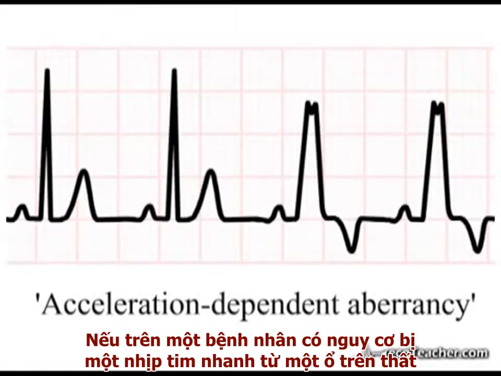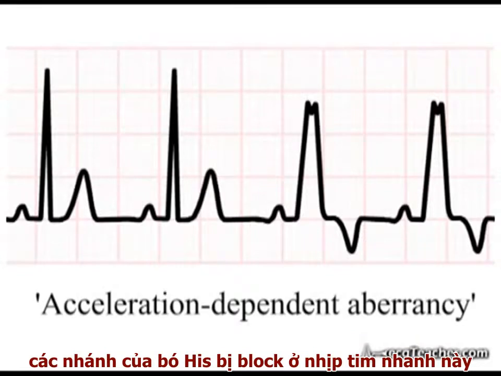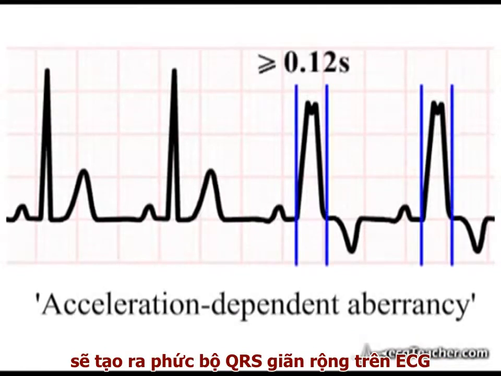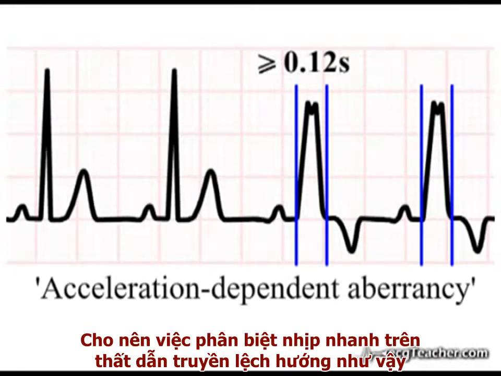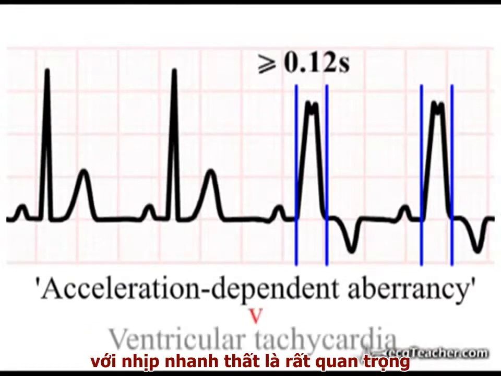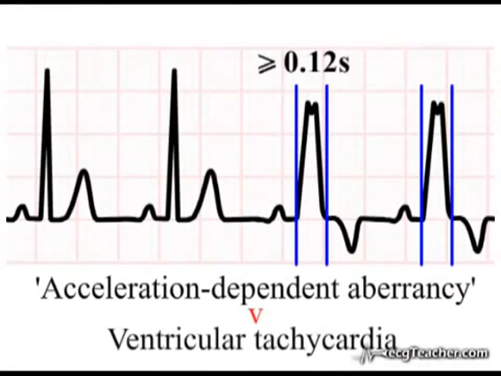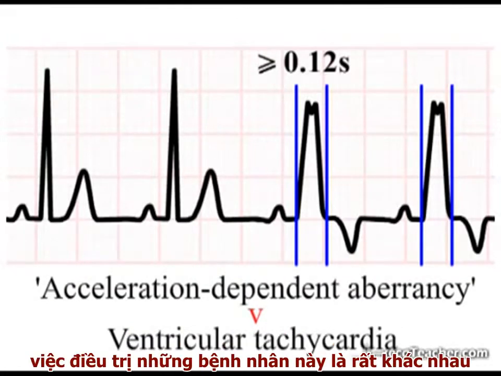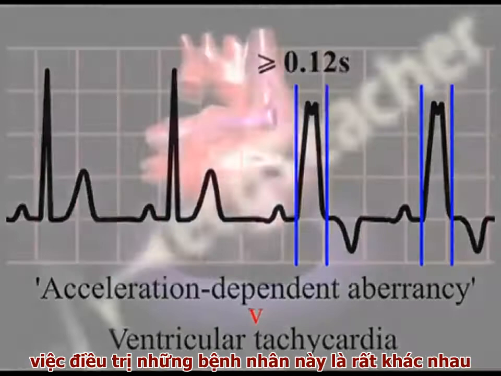If a patient prone to this phenomenon develops a tachycardia from a supraventricular focus, failure of a bundle branch at the higher heart rate will result in broad QRS complexes on the ECG. Differentiating such an aberrantly conducted SVT from a ventricular tachycardia is important, as in hemodynamically stable patients, the treatment of these arrhythmias differs.